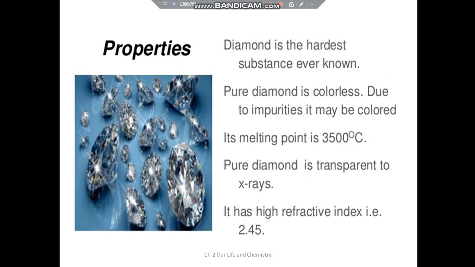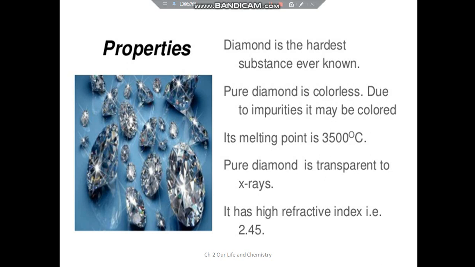Over here we have the properties as discussed: diamond is the hardest substance, and pure diamond is colorless. As I said, if it has a little color in it, let's say champagne, red or black color, that is nothing but because of some impurities in it.